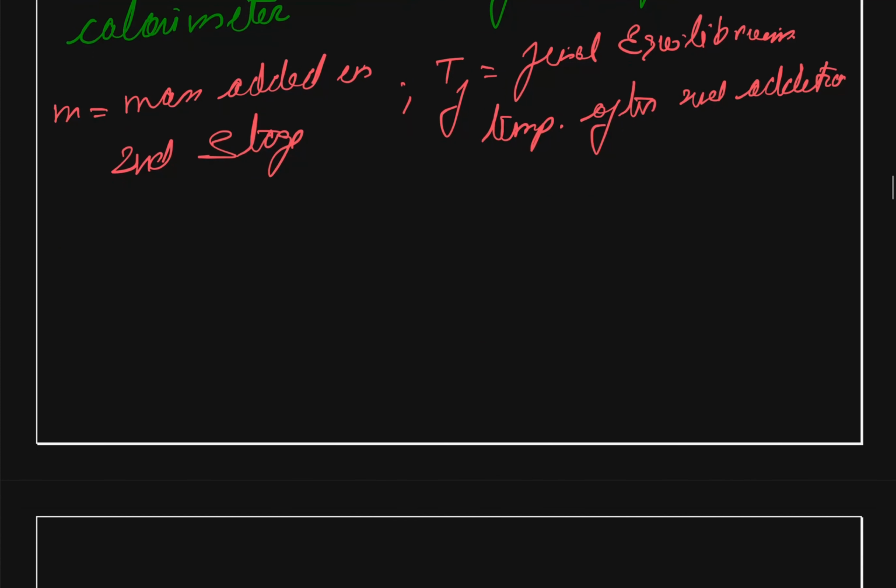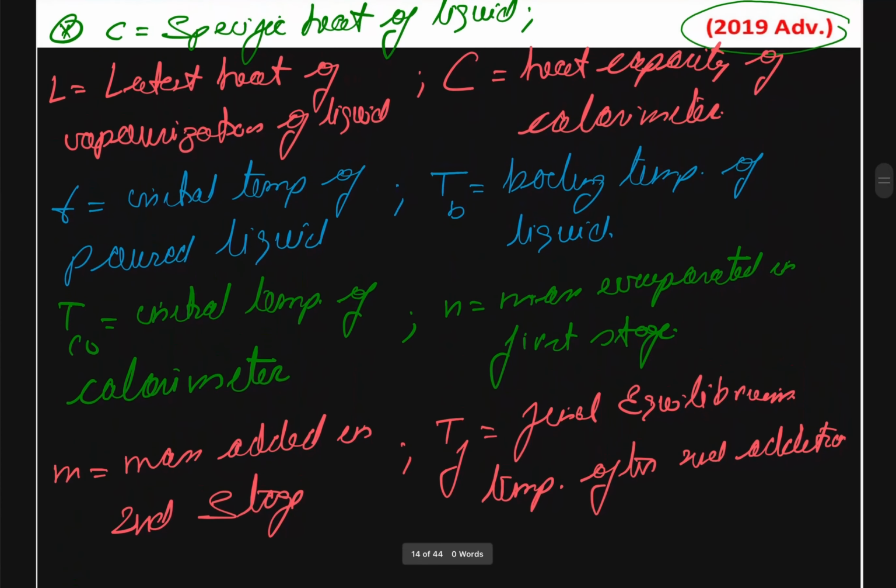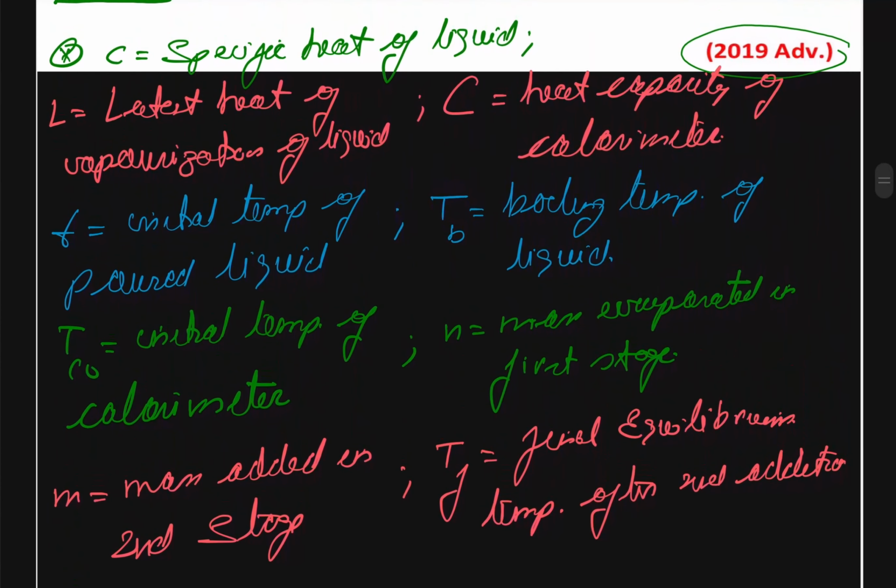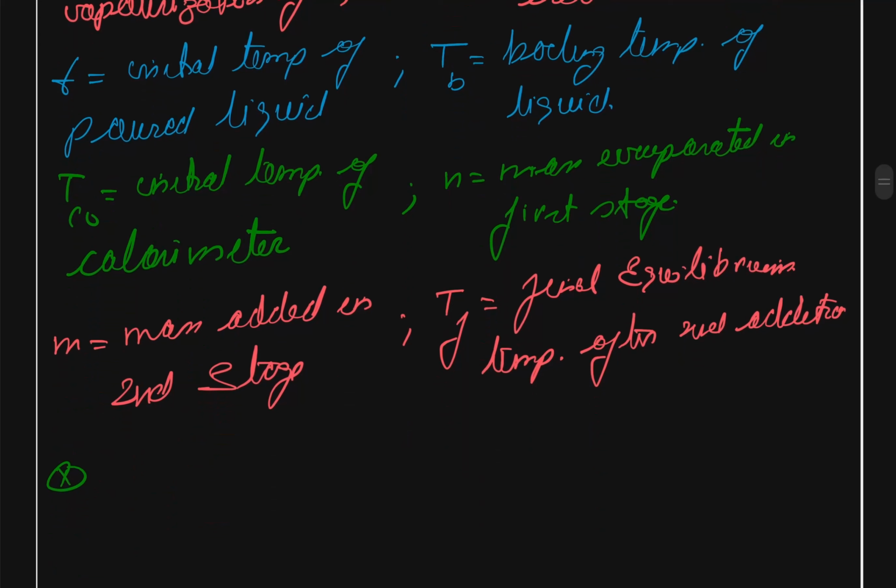First of all, we know that as liquid is added to the calorimeter, it is going to cool down. The initial temperature of the calorimeter was Tc0, and its final temperature will be Tb, the boiling temperature of the liquid.